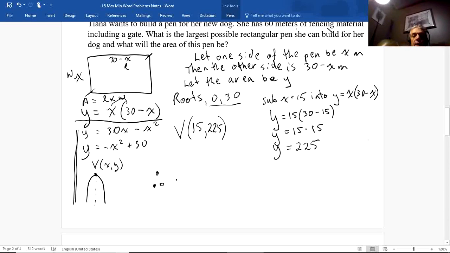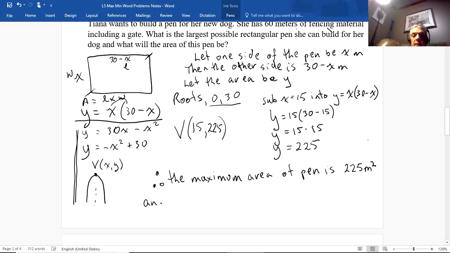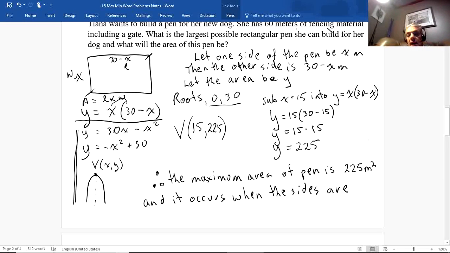Therefore, the maximum area of the pen is 225 meters squared, and it occurs when the sides are, and to get these numbers, look at your question here.